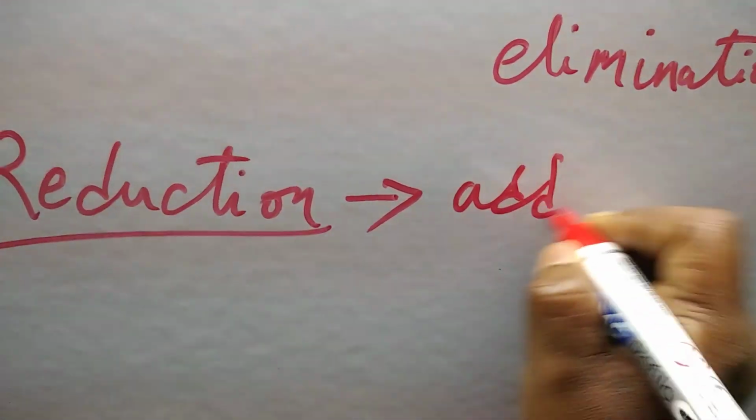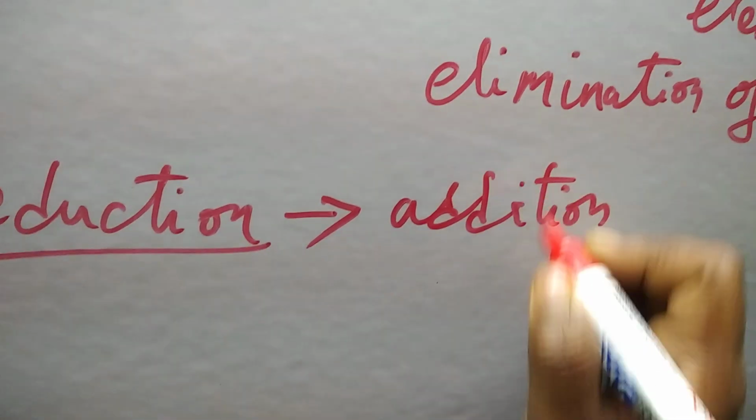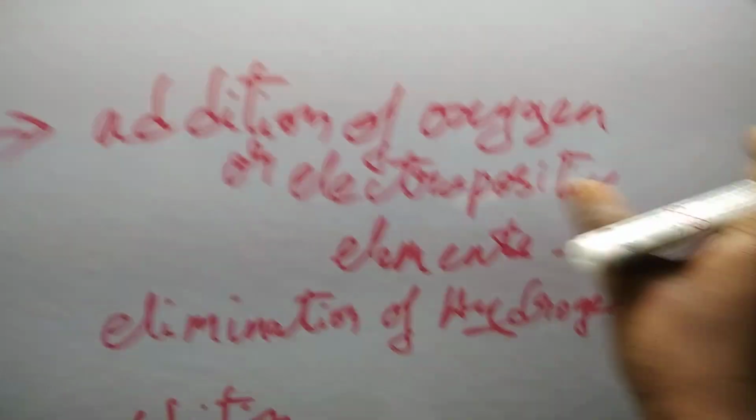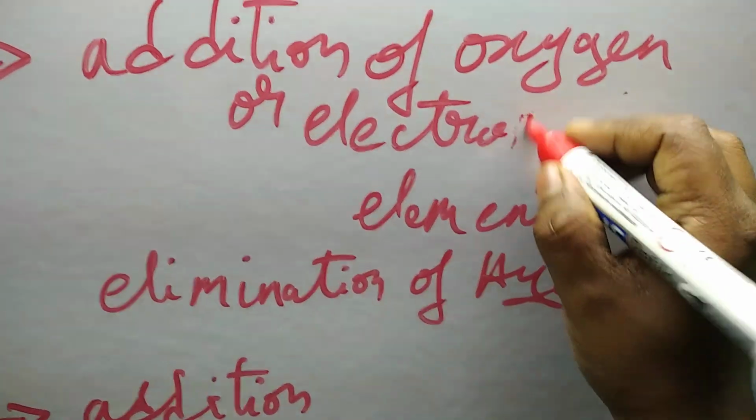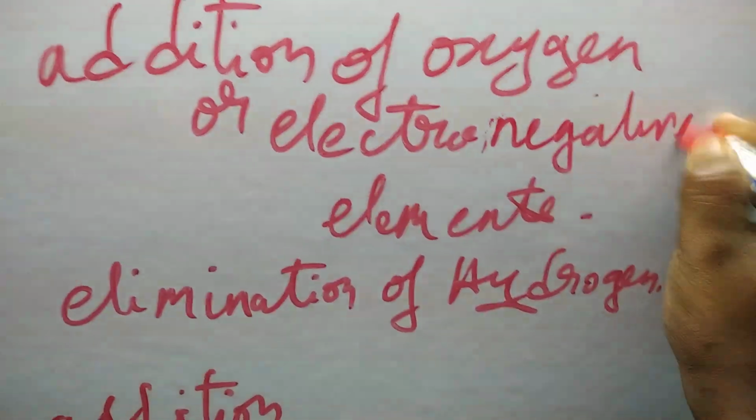Here will be addition, for oxidation it will be electronegative elements.